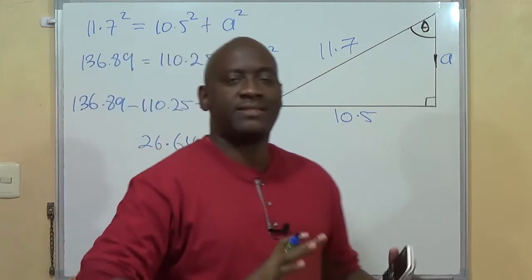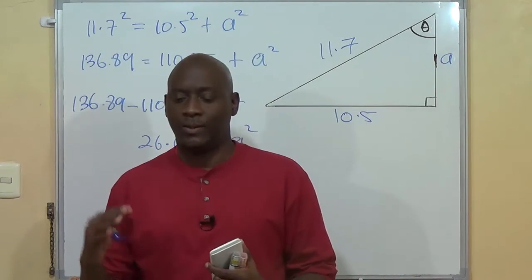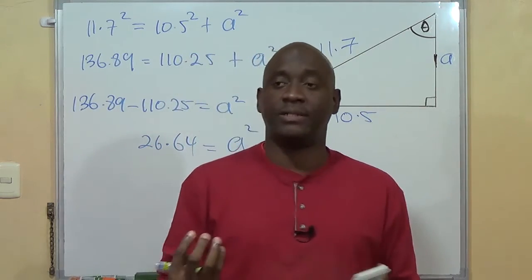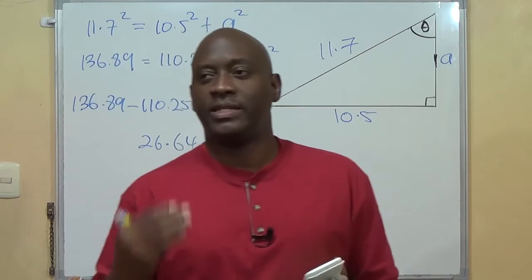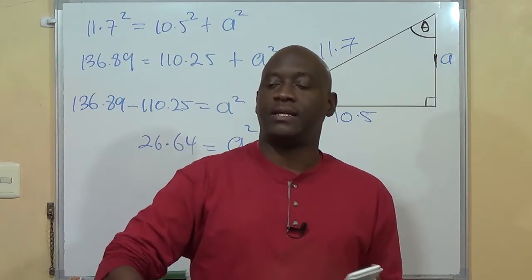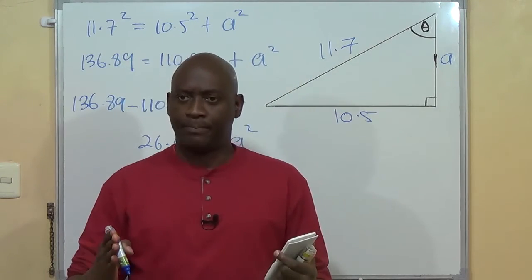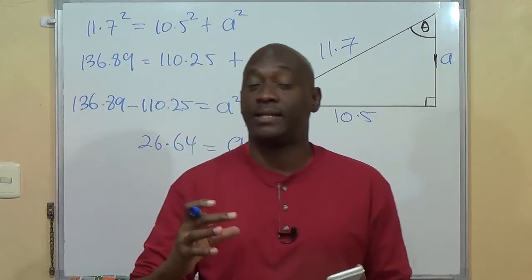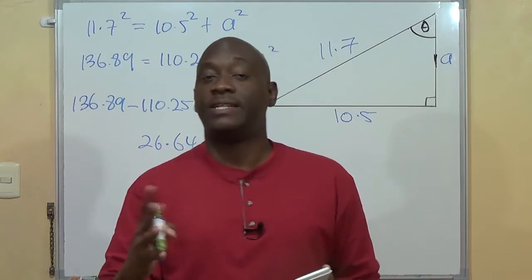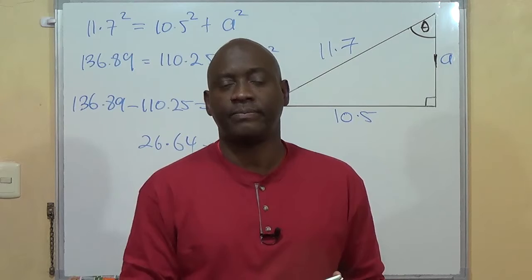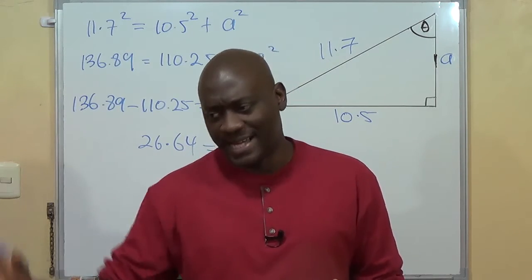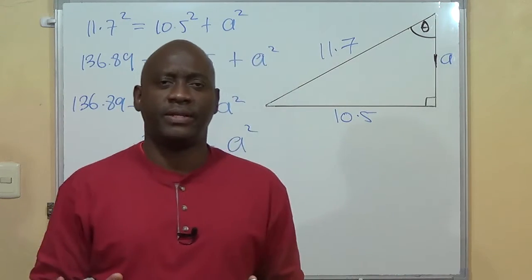But these are the kind of slight discrepancies you will get when you're dealing with decimals, right? They wouldn't line up exactly all the time because of little errors that you will get based on the number of decimal places that you use. Good, but we will discuss that in a separate video at some point.